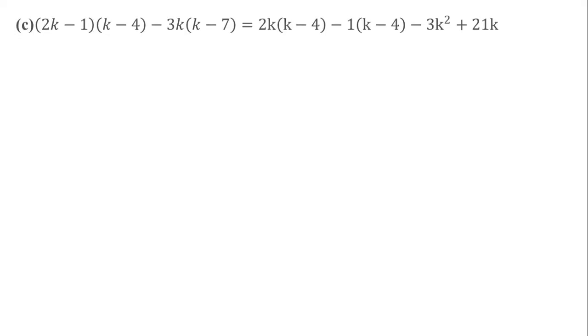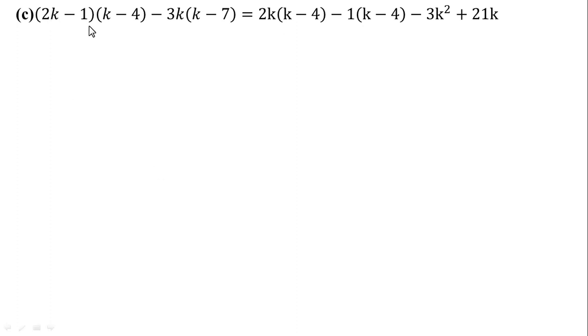In the C part, we can see that 2k minus 1 into k minus 4 minus 3k into k minus 7. First of all, both terms are multiplying to each other. We can write that 2k into k minus 4 and minus 1 into k minus 4, minus 3k multiplied by k is k square, minus minus plus 3 sevens are 21k.